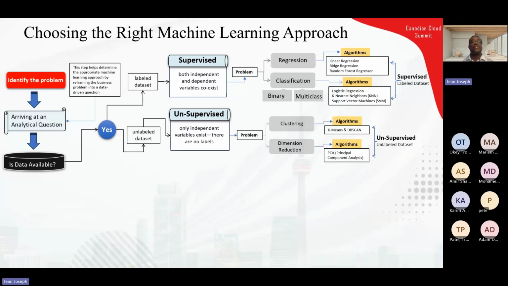And dimension reduction or anomaly detection, where the goal is to uncover hidden patterns or groupings in the data without predefined labels. Think of it this way. In supervised learning, we have both problems and solutions. In unsupervised learning, we only have problems. The machine will tell us the solutions.